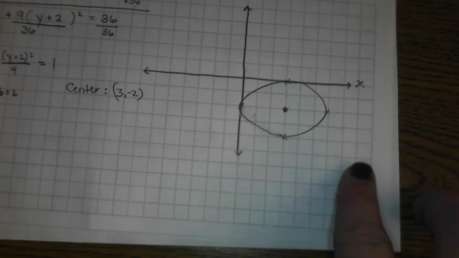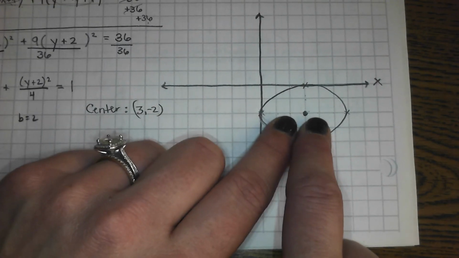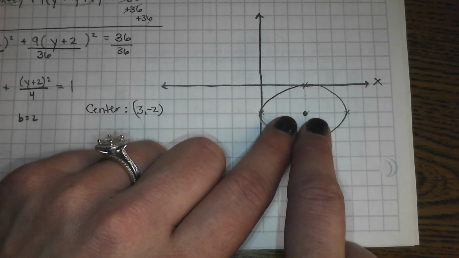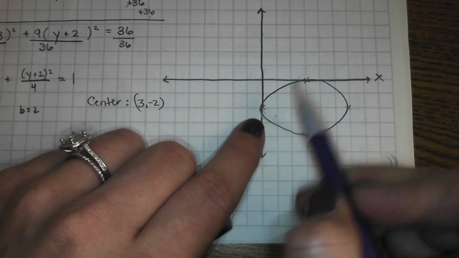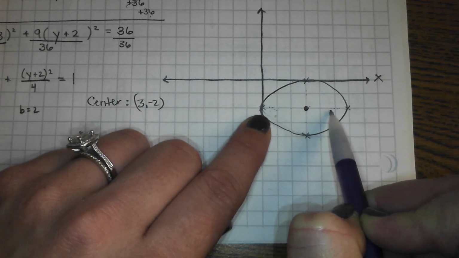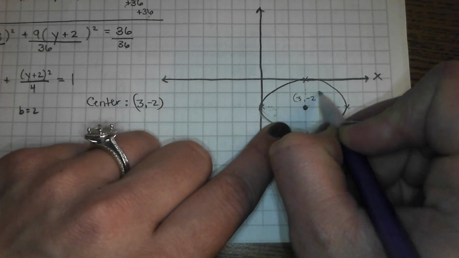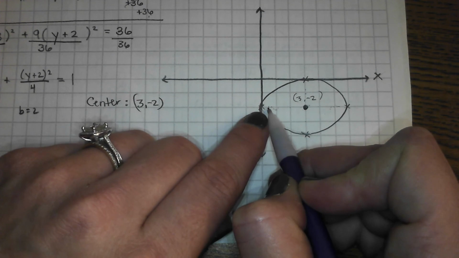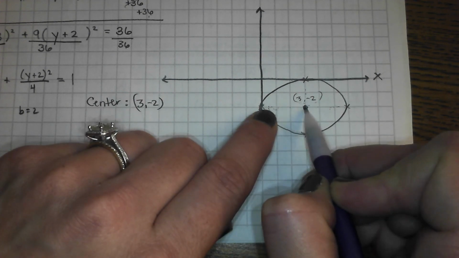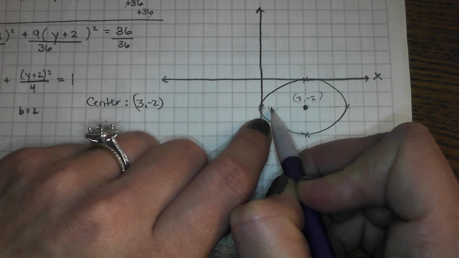So once you're here, the foci are, again, coming up with the coordinates can be tricky, but they're definitely going to be here and here, right? They're along the major axis. Are we good with that? So if this center is 3, -2, if I'm moving over here, which of these coordinates is changing? The x or the y? The x-axis.